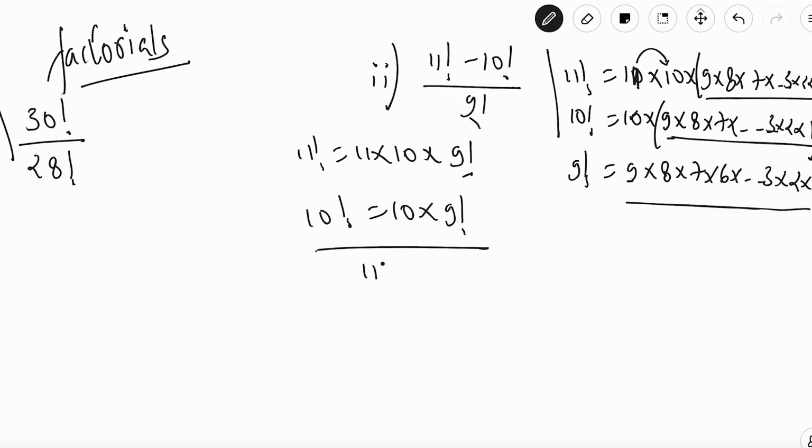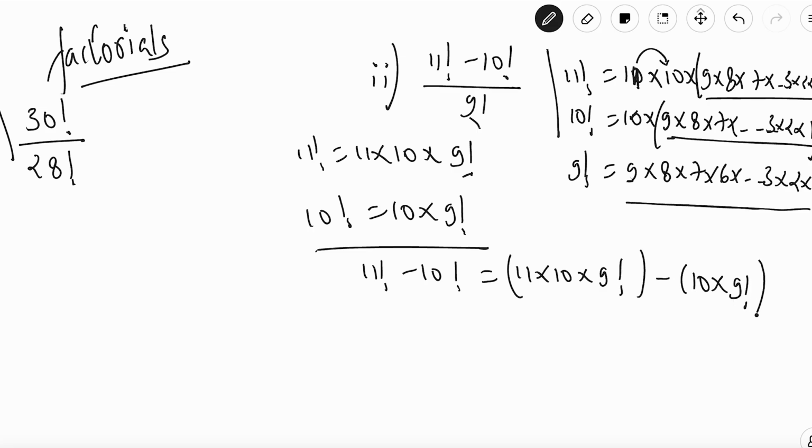So for 11 factorial minus 10 factorial, we can write 11 into 10 into 9 factorial minus 10 into 9 factorial. So if we take common 9 factorial out, it becomes 11 into 10 minus 10.